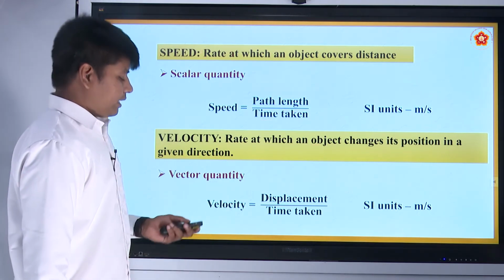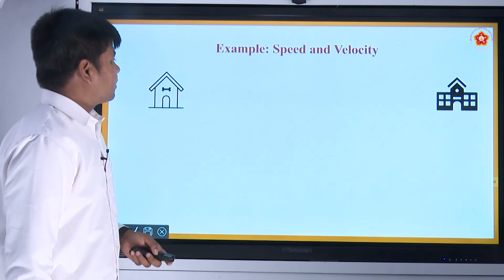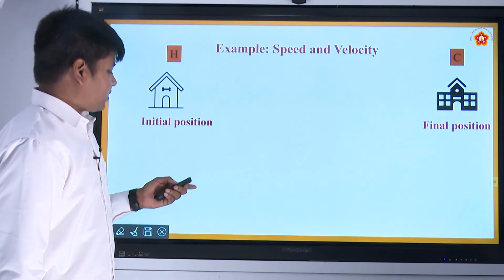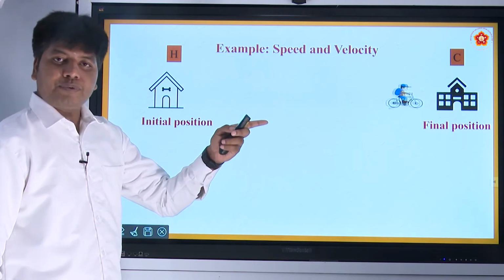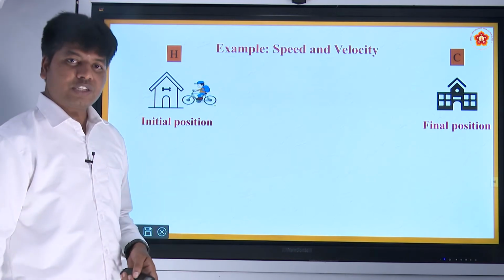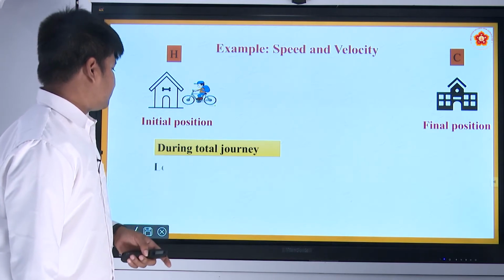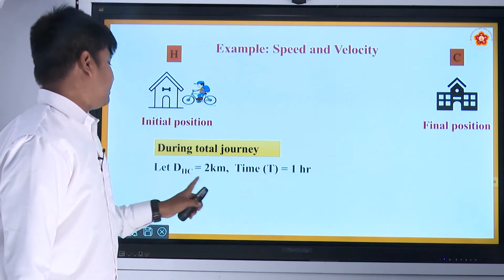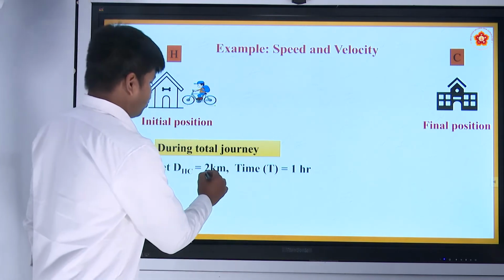All right. So let us see with an example now. The same example, you started from your initial position, you went to your final position, and you came back to your initial position. Just now we have discussed. So let us give some values. During the total journey, the distance between the initial position and final position is 2 kilometers.